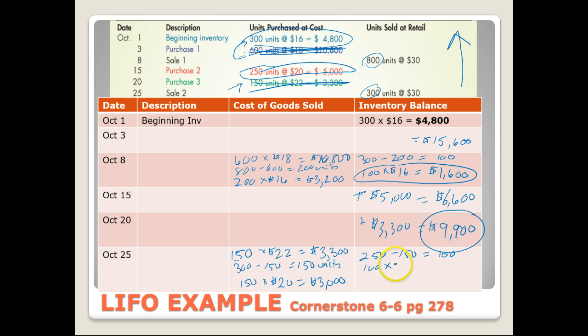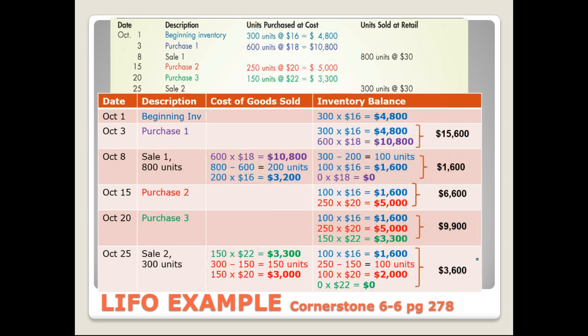So 100 units at $20 a unit gives me $2,000, plus I still had that $1,600. So right now I'll end with $3,600 in inventory. Let's look at that a little cleaner.